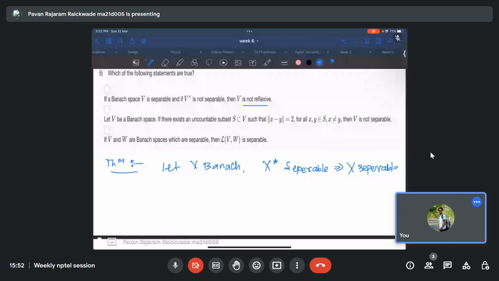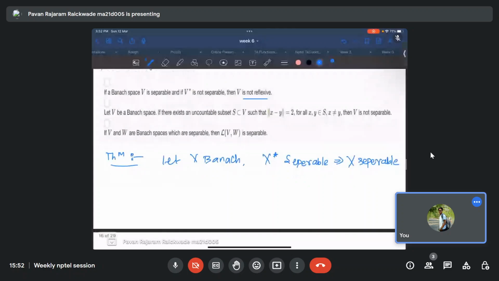Now consider this part one. Suppose we consider that V is reflexive, and we know that V is separable. That means V star star is separable because they are just isomorphic. But V star star is V star's star, right?